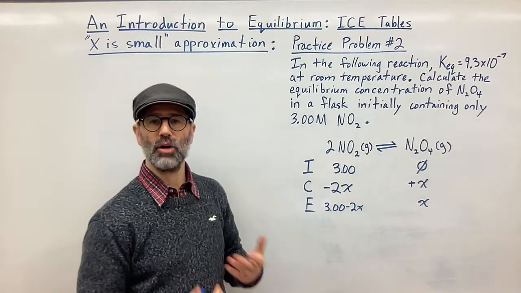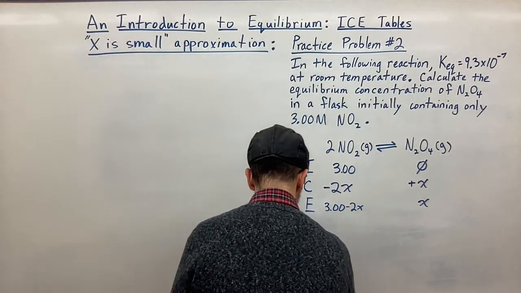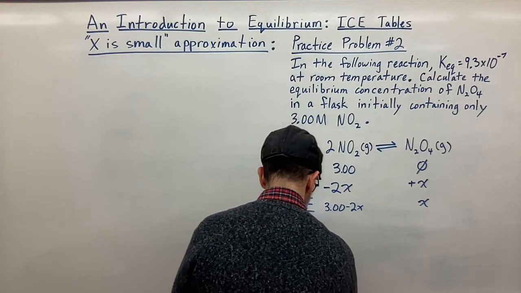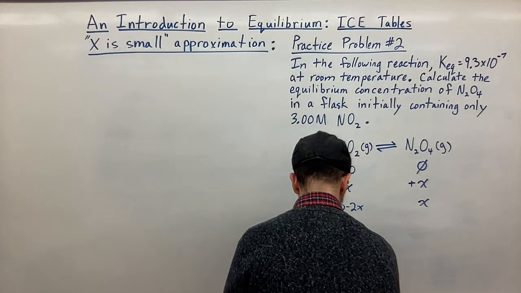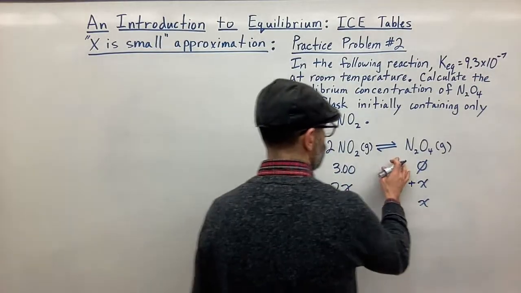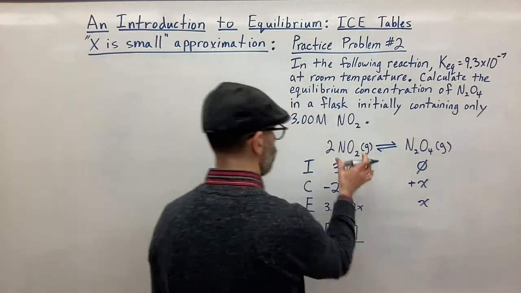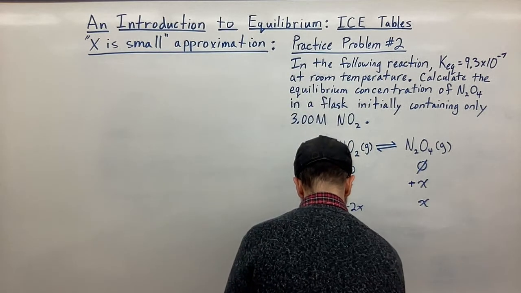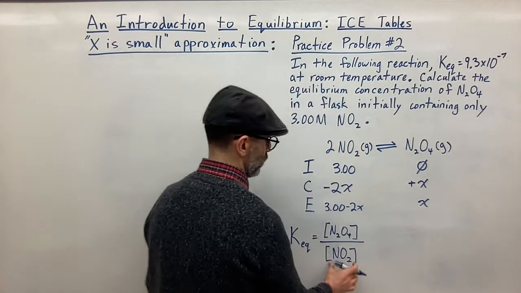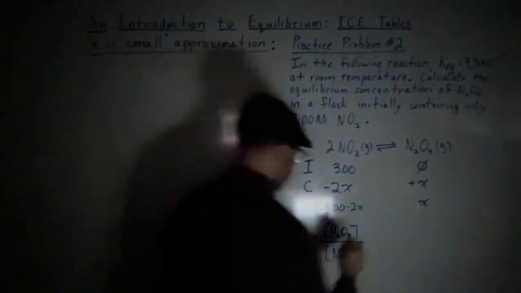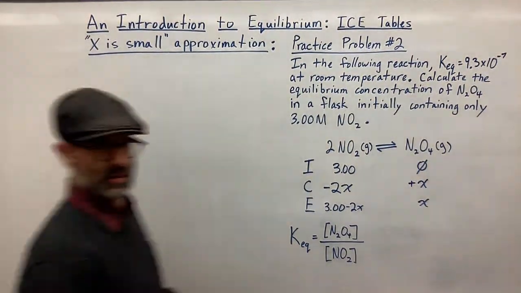Now I'm going to write out the K expression. Keq is equal to the concentration of N2O4, raised to its coefficient, which is 1, so we don't write that, over the concentration of the reactant, NO2, raised to the power of its coefficient, which is 2.